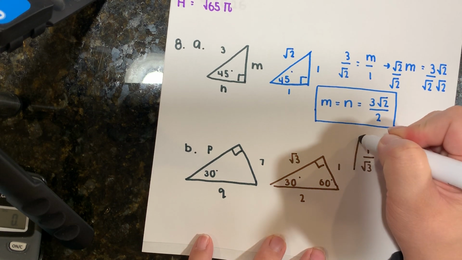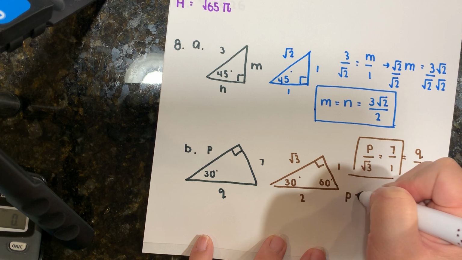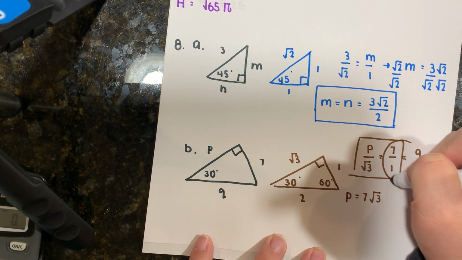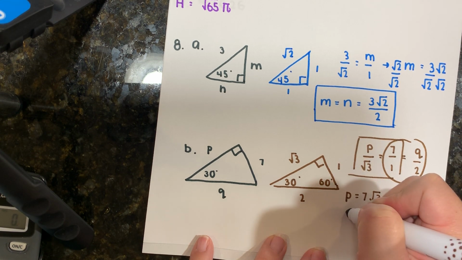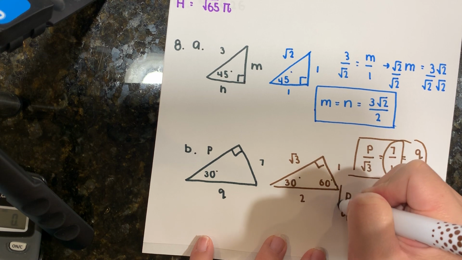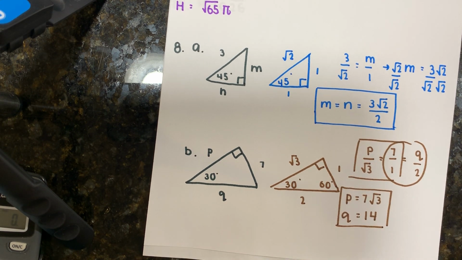So when I cross multiply this, I'm going to get P is equal to 7 root 3. When I cross multiply this, I get Q is equal to 14. So that one was pretty simple. You didn't have to actually do any dividing. You just had to cross multiply.